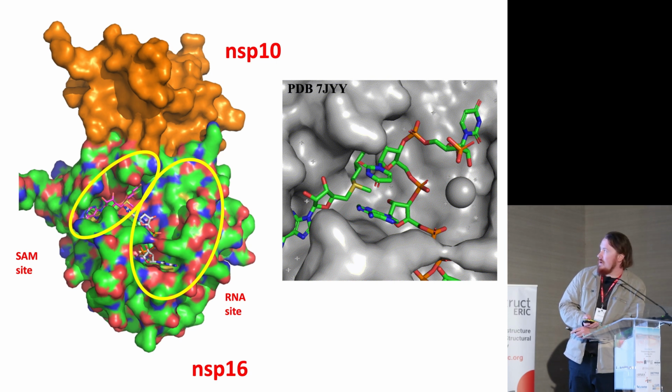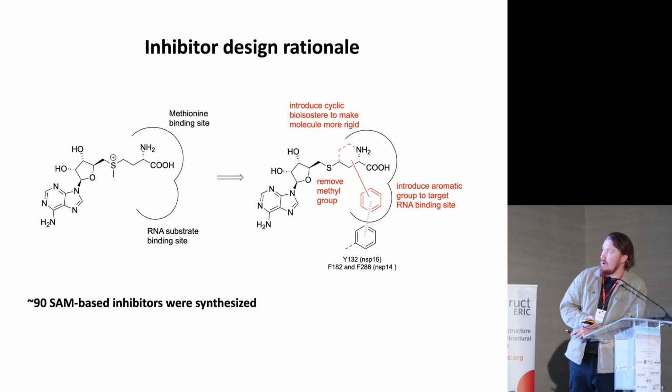This is why we call it dual site, that is, occupying both SAM and RNA sites. So our design was to leave this adenosine part as it is, and instead focus on the methionine part, to add some larger groups that would hopefully occupy the RNA site as well.